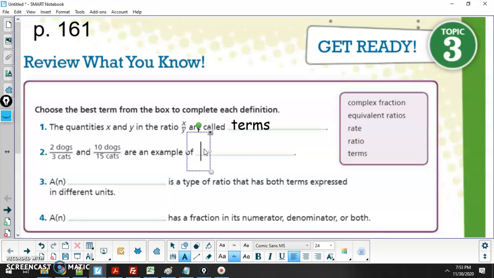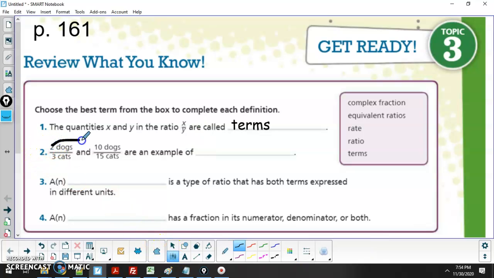Now, if you look at these two ratios here, 2 dogs to 3 cats and 10 dogs to 15 cats, guess what? They're the same ratio. If you reduce 10 over 15, you'll get 2 over 3. If you take 2 and you times it by 5, you'll get 10, and 3 times 5, you'll get 15. So anytime you can make two fractions the same, those are what we call equivalent ratios.